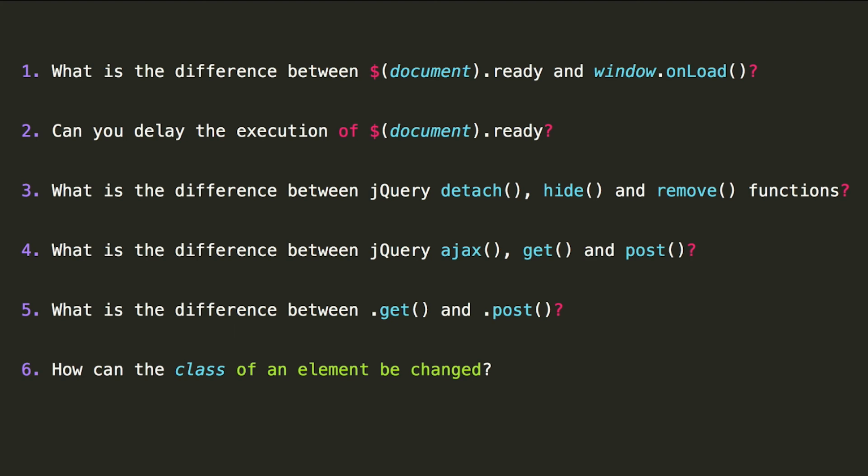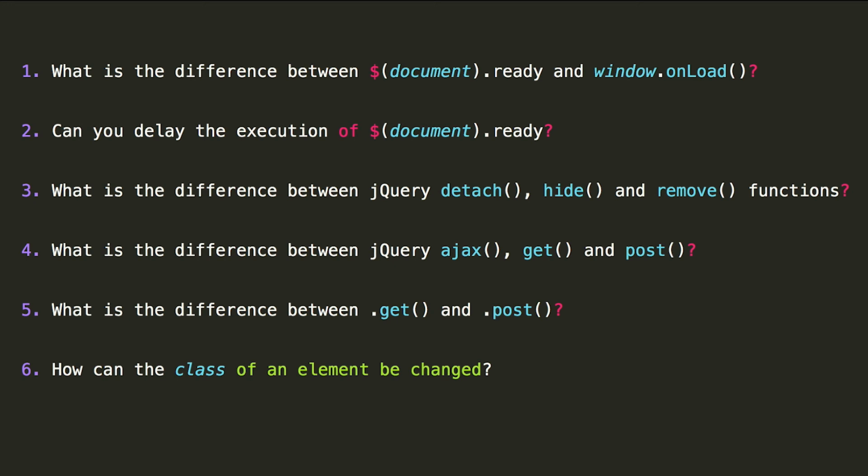The next question, number 5, what is the difference between .get and .post? The .get method has data that's encoded in the URL by the browser, and it's visible in the URL, and it's also stored in the web history.